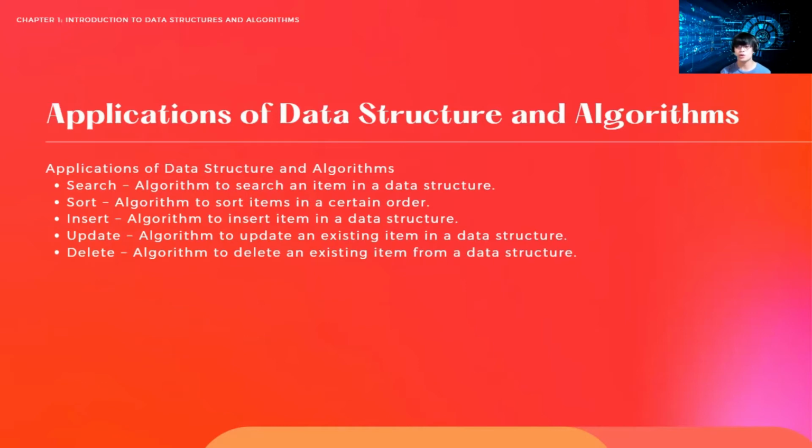When we say insert, we want to insert an item. Update is to update an existing item, and delete is to delete an existing item. I'm going to provide a lot of examples later on. So those are the applications of data structures and algorithms: search, sort, insert, update, and delete. Next.